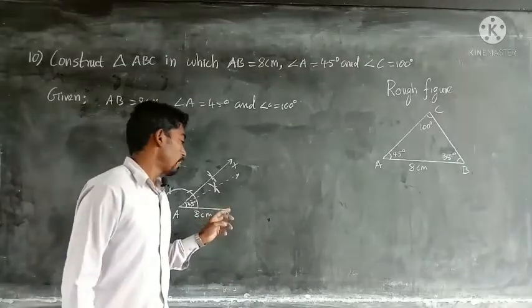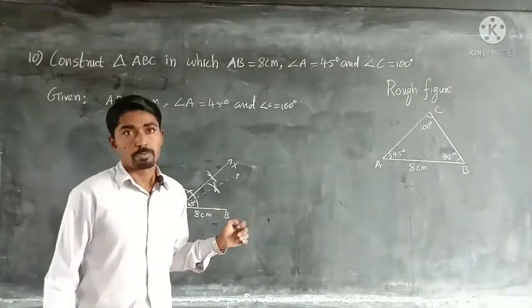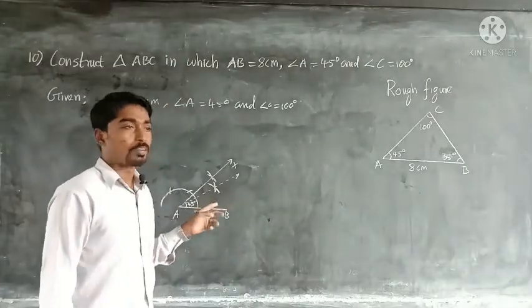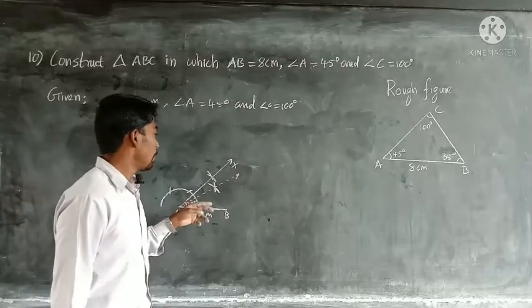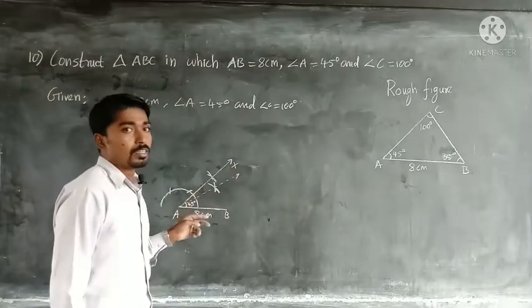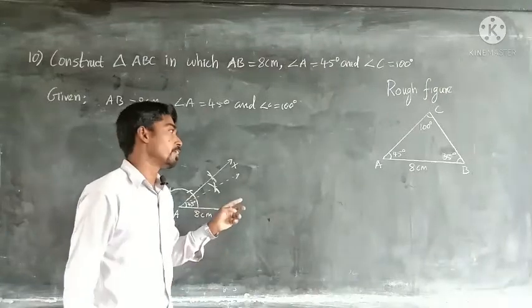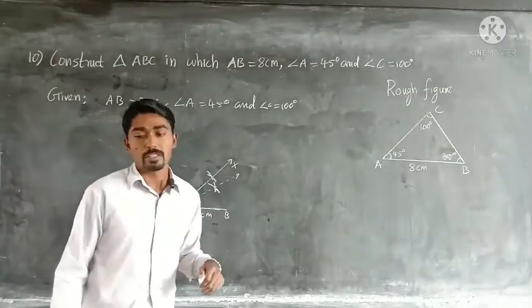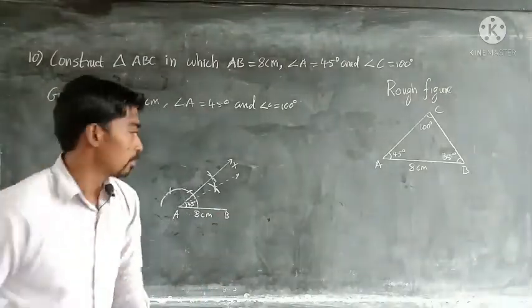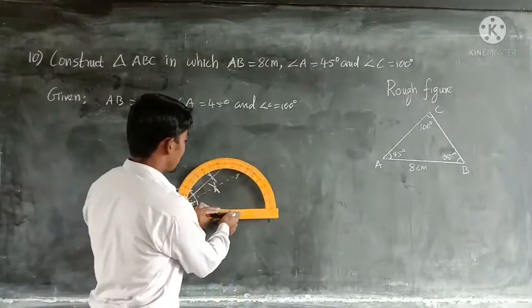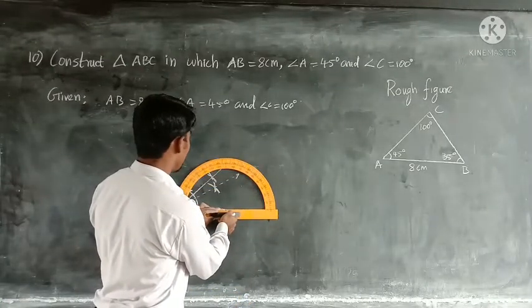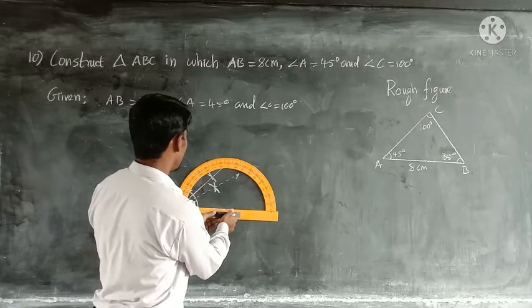To find 35 degree, we are going to use protractor. If it is multiples of 15 degree, by using compass we can find the angle. If it is not multiples of 15 degree, we should use protractor. We can keep B as a center. By using protractor, we are going to find the 30 degree.